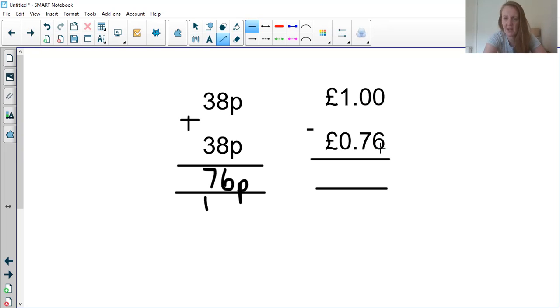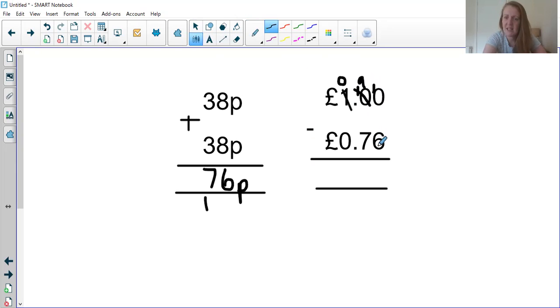I can't do 0 take away 6. I can't do 0 take away 7. So I'm going to have to borrow from here. This now becomes 0. And I'm giving 1 over here, making this 10. But I've still got to get it to here. So I'm going to cross this out. This becomes 9. See how confusing it becomes, and now this becomes my 10.